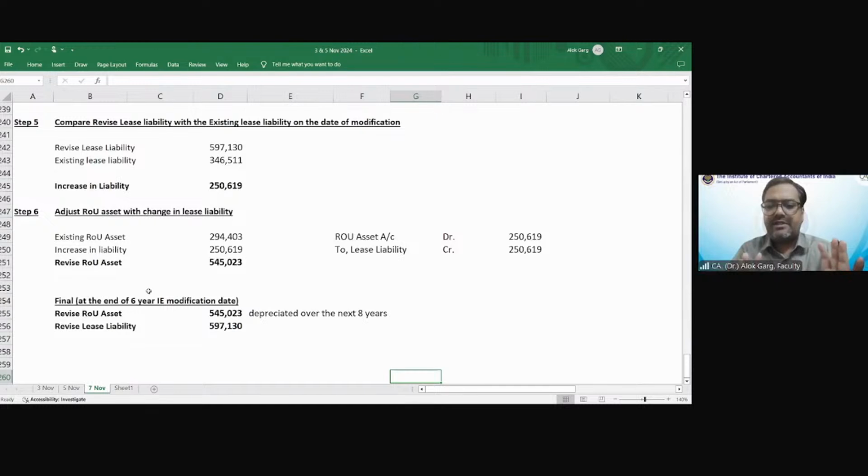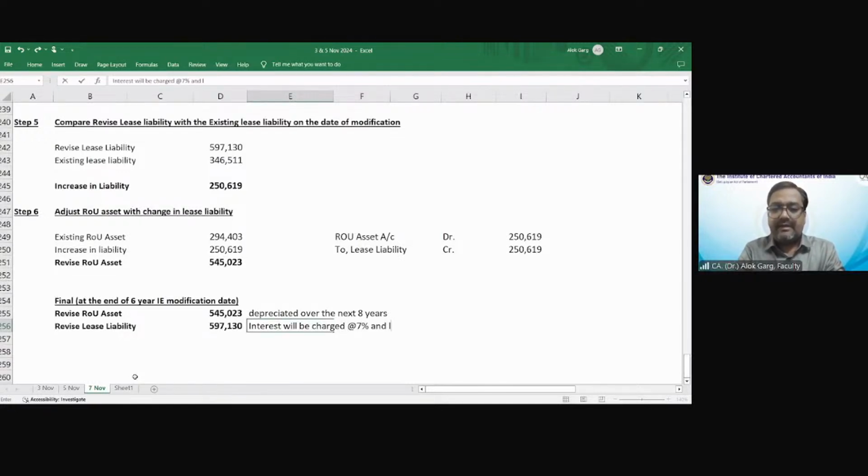After the modification, your revised ROU asset is 545023 and your revised lease liability is 597130. This revised ROU asset is depreciated over the next 8 years, and interest on this revised lease liability will be charged at the rate of 7%.